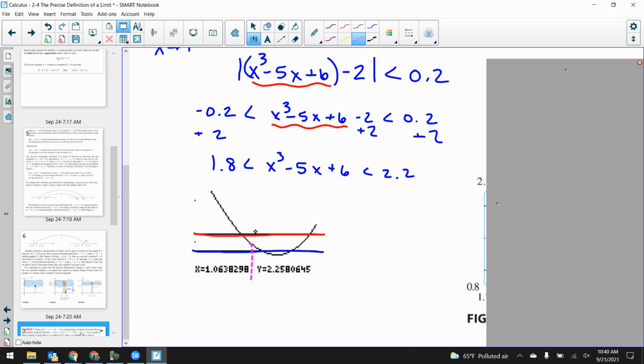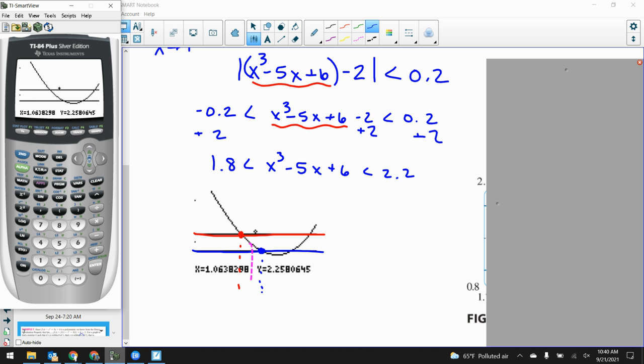What I need to find is this point and this point, and see which one gets me closer to 1. I need to find the blue point, I need to find the red point, and I need to see which point gets me closer to 1.